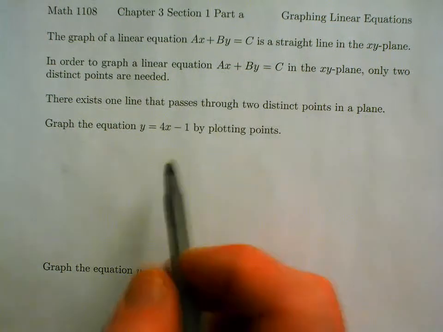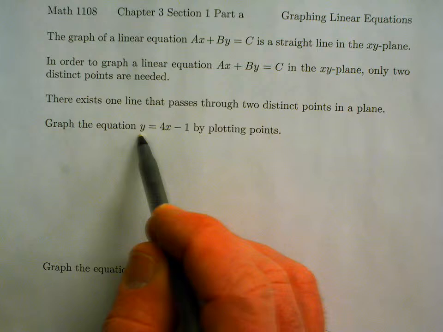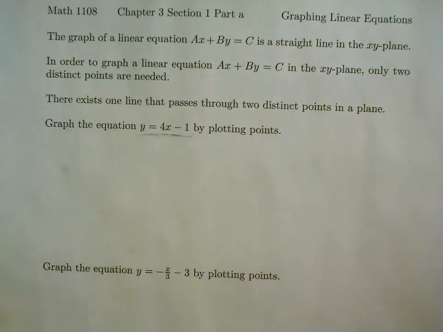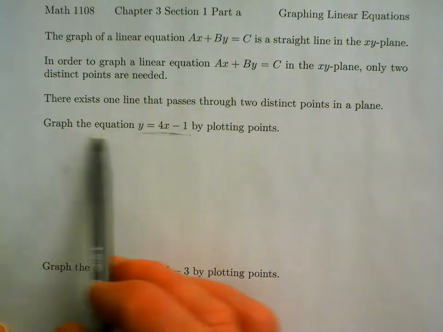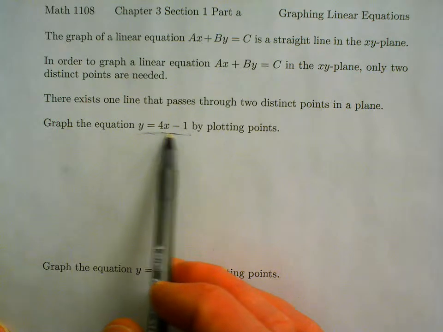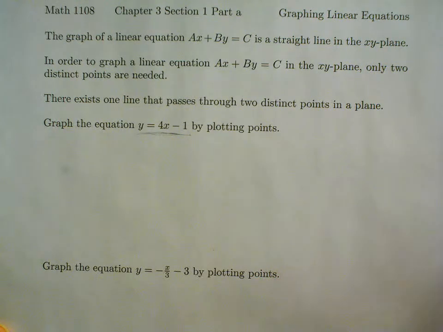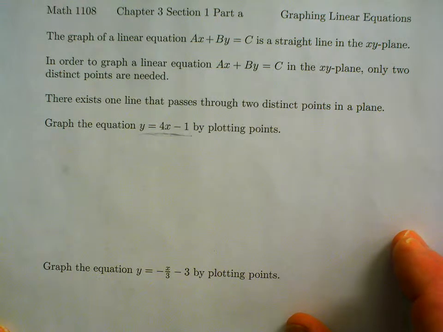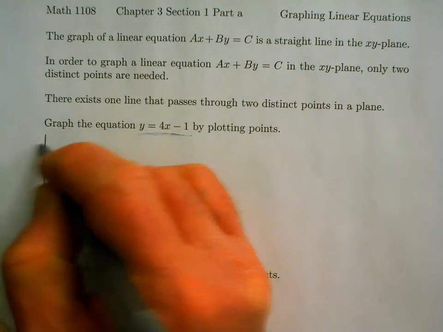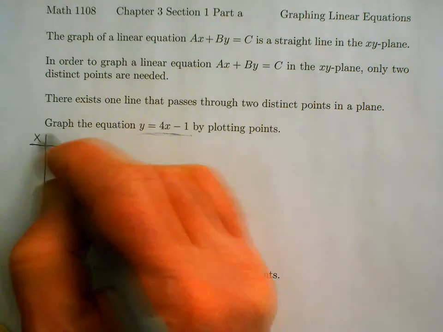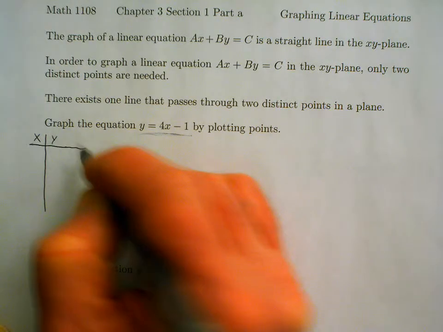In fact, this is one of the forms that is convenient for graphing linear equations. So let's graph the equation y equals 4x minus 1 by plotting points. All we need are 2 different ordered pairs.